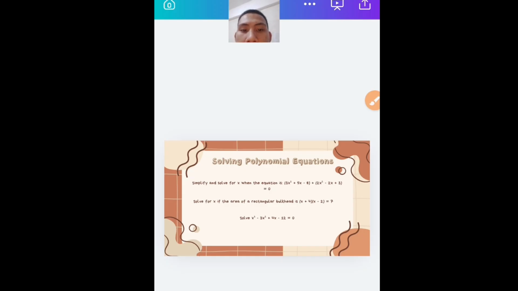Solving polynomial equation. Simplify and solve for x when the equation is (3x squared plus 5x negative 8) plus (2x squared negative 2x plus 3) equals 0.